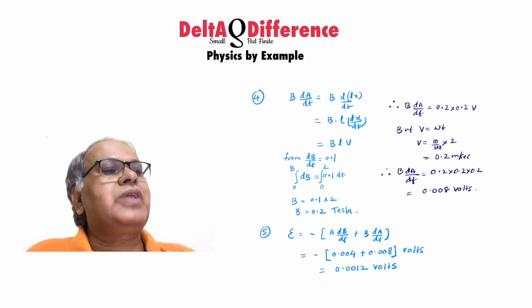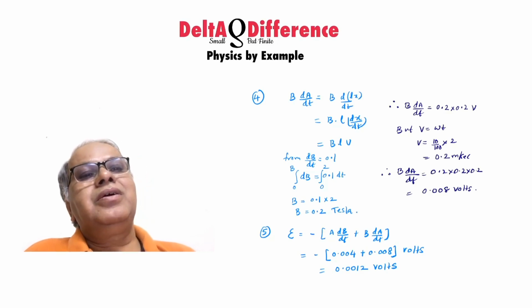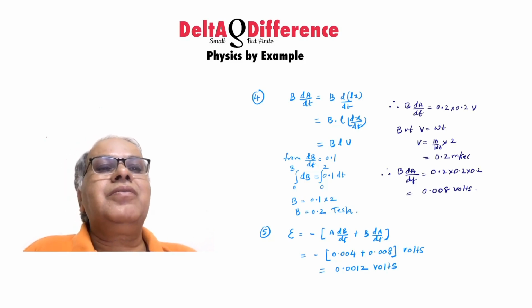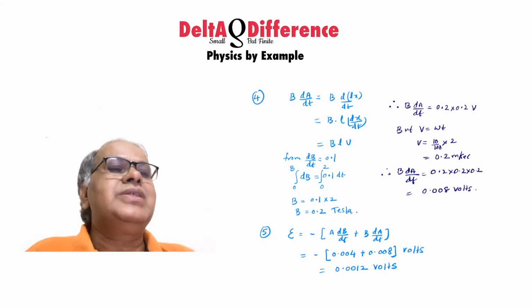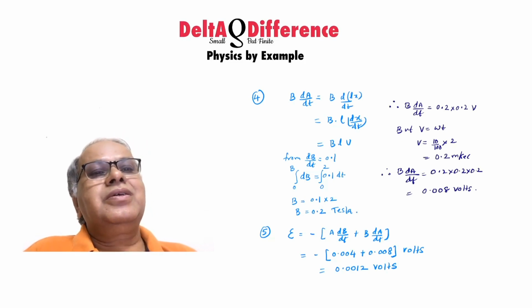So the second part is over. B dA by dt is over. A dB by dt is already over. So when you add them up, you'll get 0.0012 volts. Minus, of course. The minus sign is there to explain energy conservation basically. It comes from Lenz's law. That is, the EMF induced and the current induced will be opposite to the change that produced them.